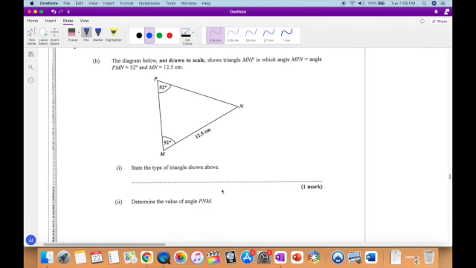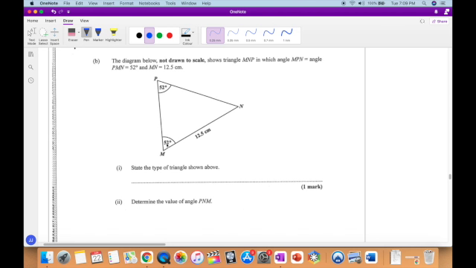The diagram below, not drawn to scale, shows a triangle MNP in which the angle MPN is equal to the angle PMN, and MN is 12.5. I can't believe that they actually did it. But anyways, we have all of the information here.